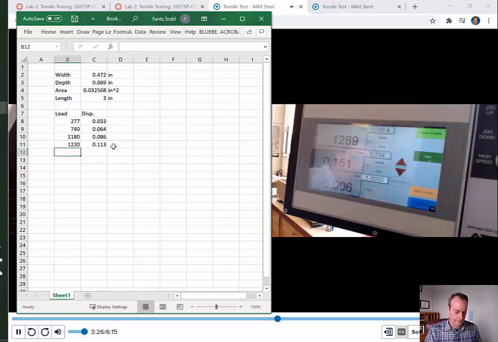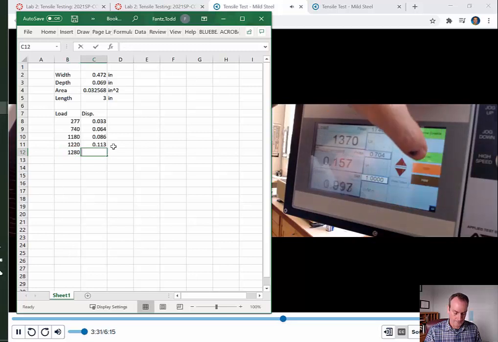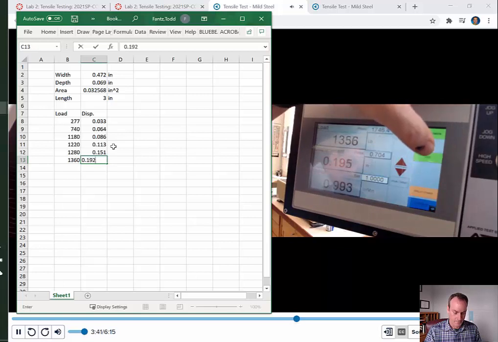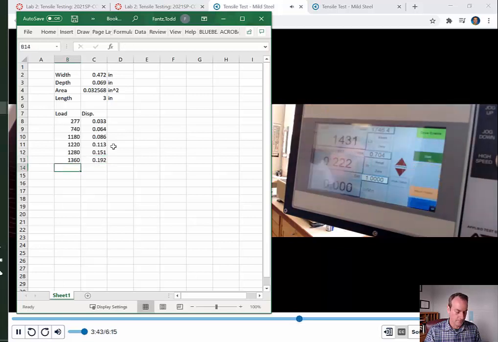A load of 1280, displacement of 0.151. Load 1360, displacement of 0.192. Load of 1400, displacement of 0.222.